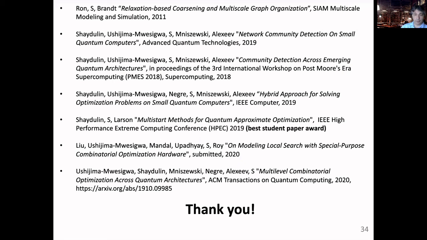And we hope that with the development of these devices, with the next improvements to reduce the noise and decrease the number of shots that we need to use in these devices, this is one of the most correct and plausible ways to hybridize classical and small NISQ devices for solving practical large-scale optimization problems.